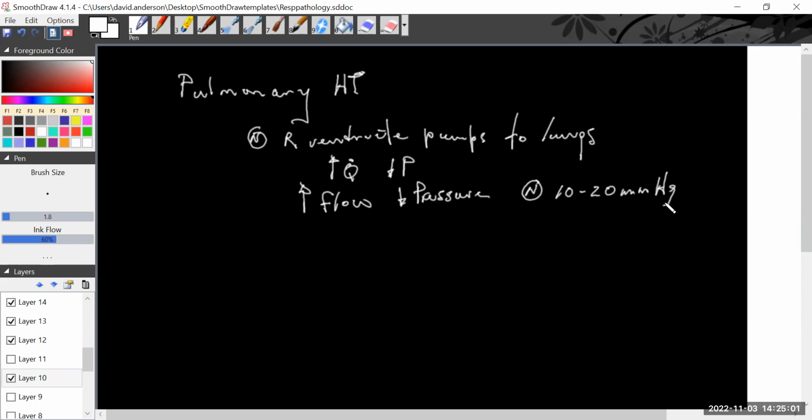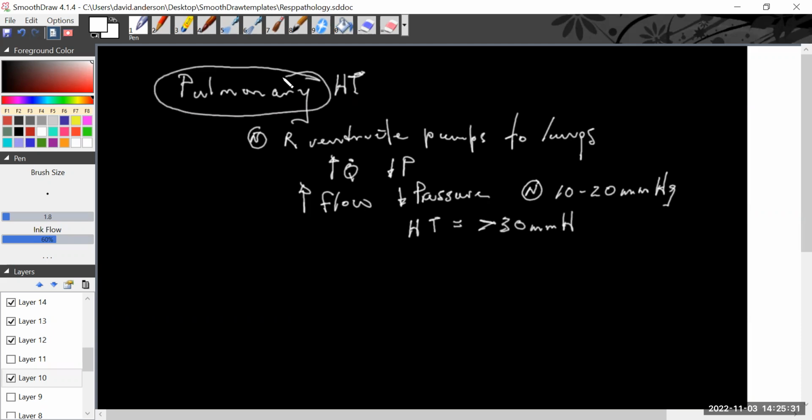The resistance is 80 in a relaxed blood vessel and can be as high as 120 if it's in its systolic phase, but it's 80 that has to be overcome, right? So if we get a pressure that's greater than about 30, we have hypertension on the pulmonary side.